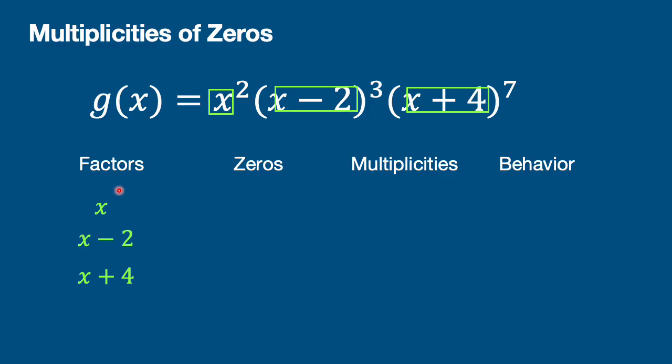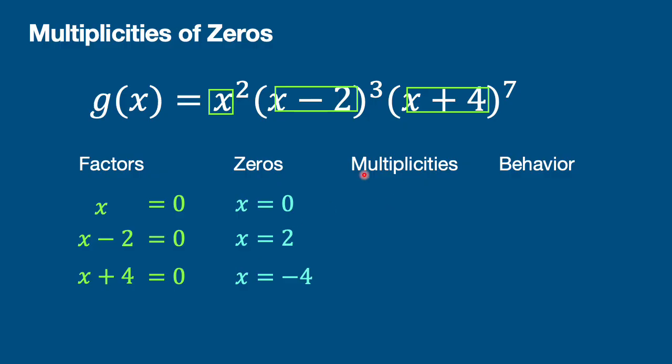Then when you have the factor x, x equals 0, that's the zero. X minus 2 equals 0, x equals 2. X plus 4 equals 0, x equals negative 4.